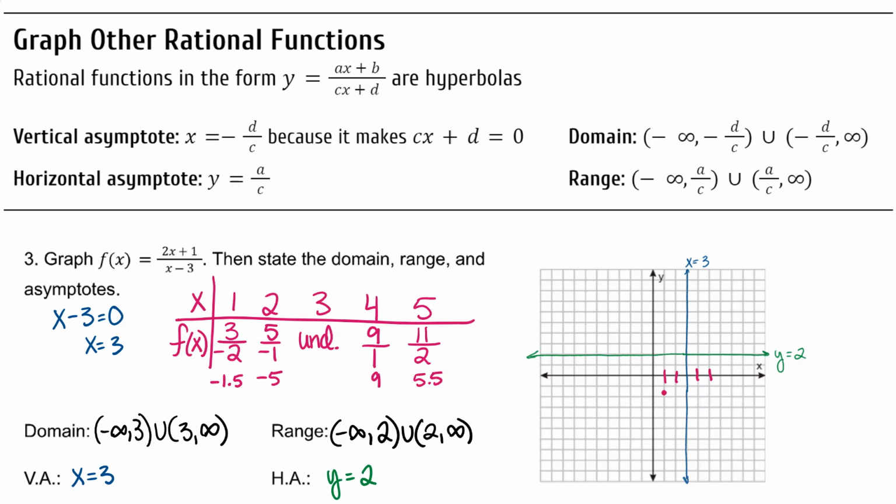Now let's graph our points. You could also plug in more values, but the asymptotes are kind of like boundaries that help me build the rest of the branches. So this one will go up and then hug the horizontal asymptote when we get down here. This gives me an accurate enough sketch.